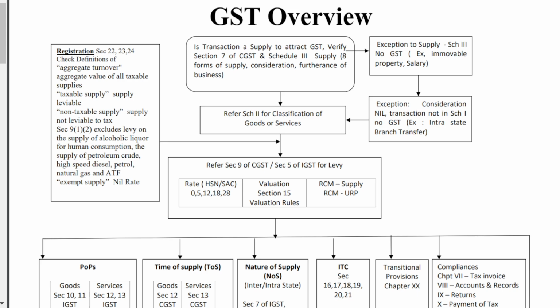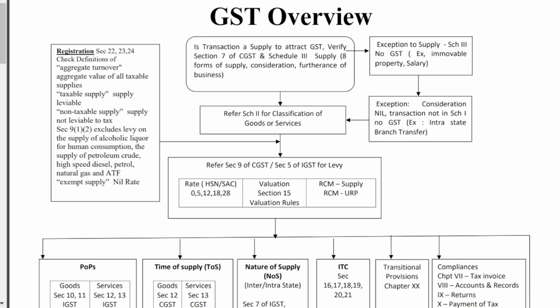RCM means reverse charge mechanism. Reverse charge mechanism is applicable when there is a transaction between a registered person under GST and an unregistered person, then the registered person is deemed to pay GST under reverse charge mechanism. This we will understand in detail in subsequent slides.